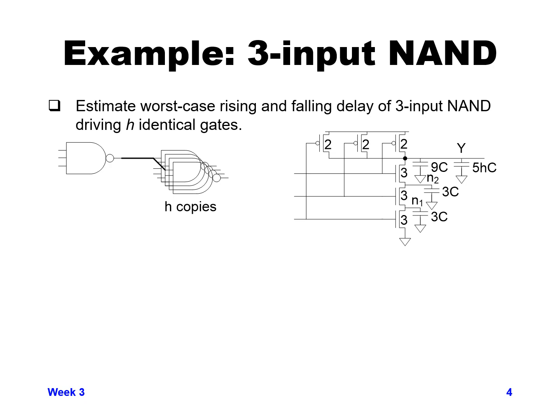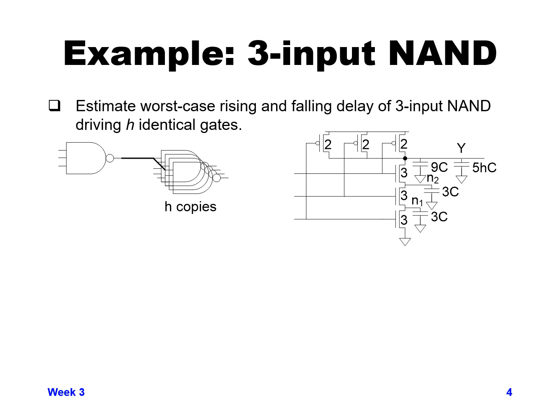In this case, let's say we're driving H copies of identical 3-input NAND gates. So it has a load for each receiving gate. There's a size 2 PMOS and a size 3 NMOS that will be receiving it, times H copies.